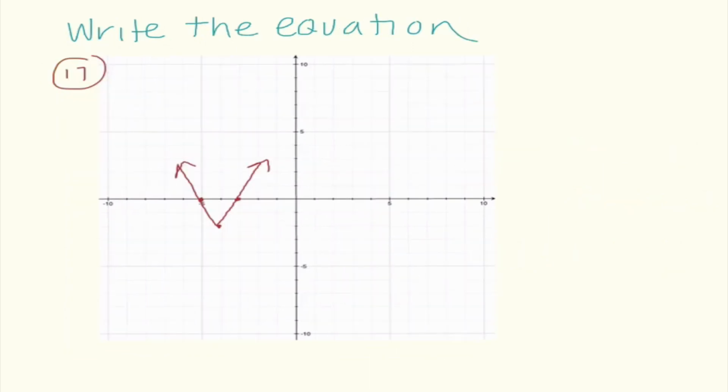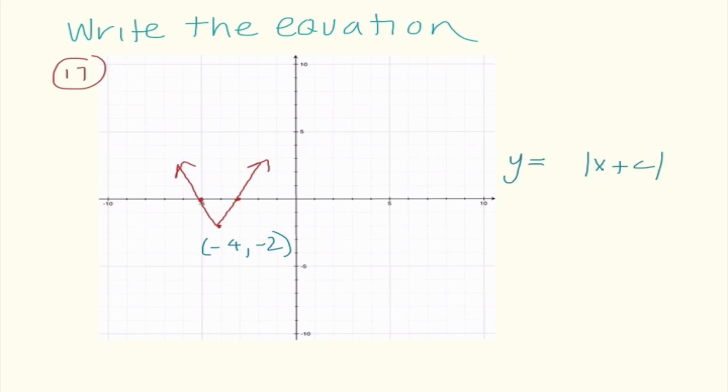Okay, so on this absolute value problem, yes, I know it's absolute value because we have a v. I need to go ahead and write the equation. So I know it's going to be the absolute value of x plus or minus something plus or minus something. So first thing I notice is that my vertex is at negative 4, negative 2. Normally we get this x value by taking the opposite of whatever's in here.